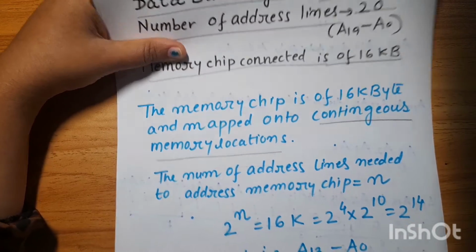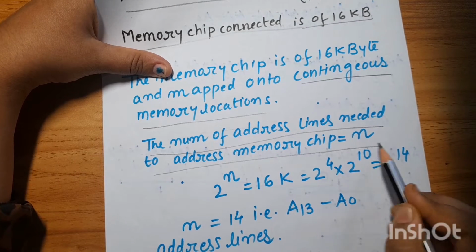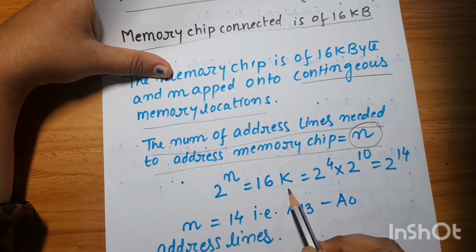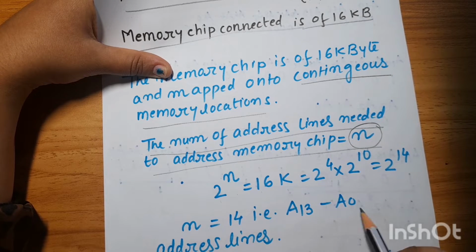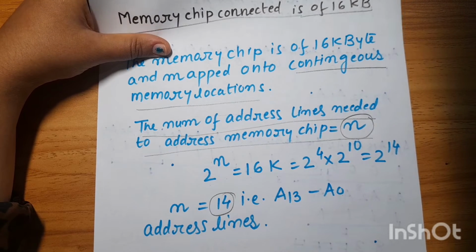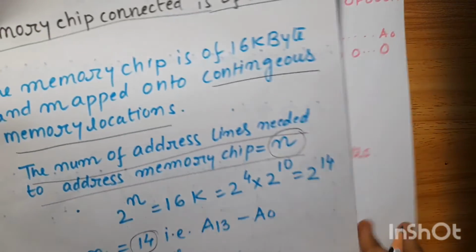This has been mentioned. Let the number of address lines needed to address the memory chip be n. So 2 raised to n is equal to 16K, so the number of address lines required is 14. That is A0 to A13 would be needed in order to address the memory locations of the memory chip. Please note all these points.